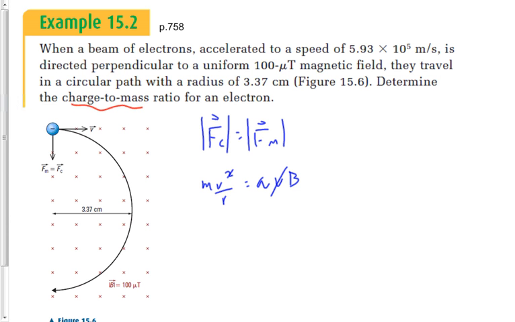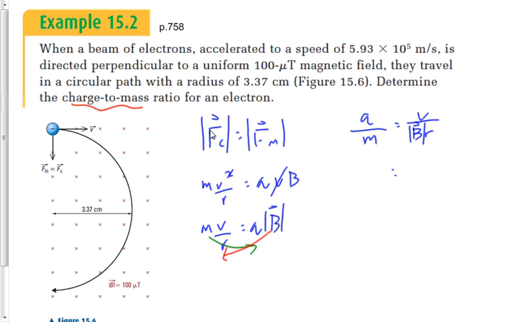Cancel the v's. mv over r equals q times b. We want to solve for not q, not m, but q over m. So we're going to take the m down by dividing. It becomes q over m. And then we're going to take the b down by dividing. So it becomes v over b times r.